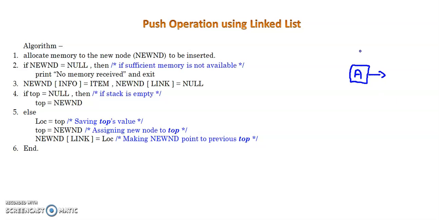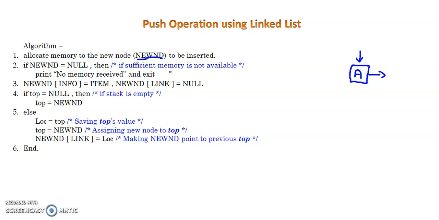So right now top is indicated here, because we know top indicates the node, and a new node will be entered here in this location. First of all, the new node, new nd, will get memory, and then we will check if memory is available to it. If no memory is available, then we will simply print no memory received.